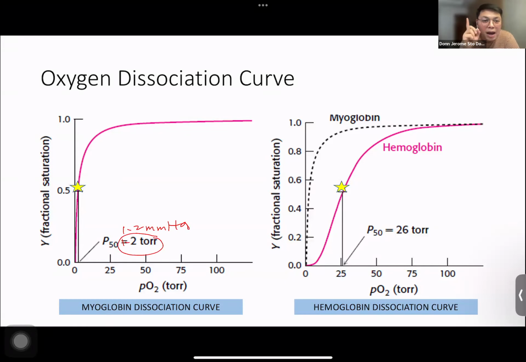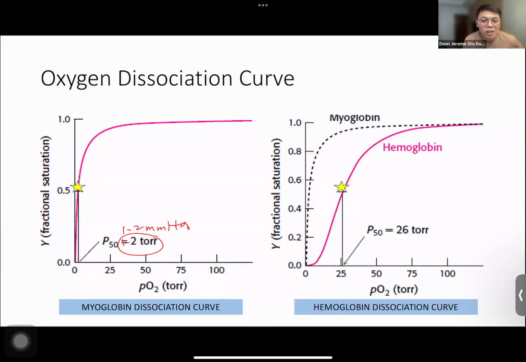That tells you, kapag mababa ang P50, what is the affinity of oxygen to myoglobin? Mababang P50. Very high affinity po. Mataas po. High affinity. Okay, so that will tell you that oxygen has a high affinity to myoglobin. Therefore, myoglobin is ineffective in transporting oxygen.